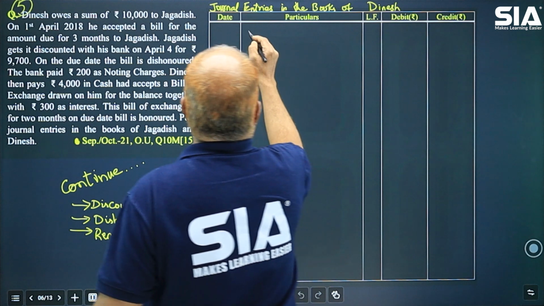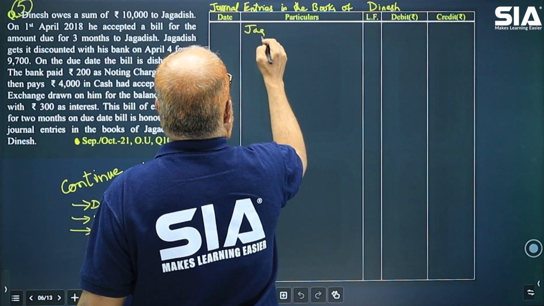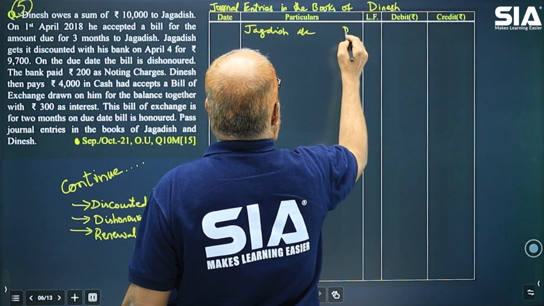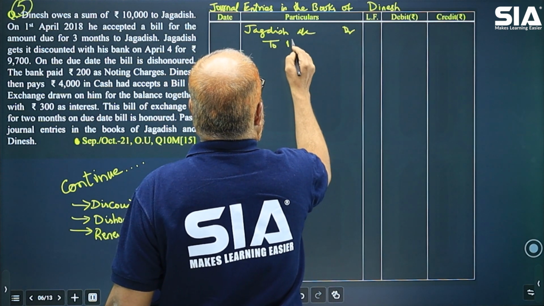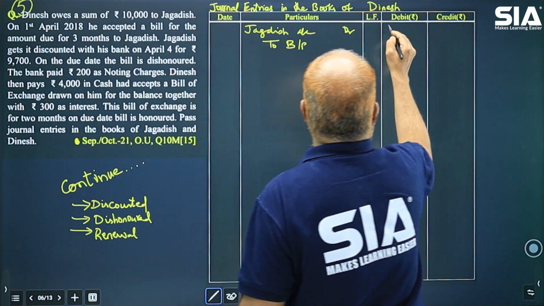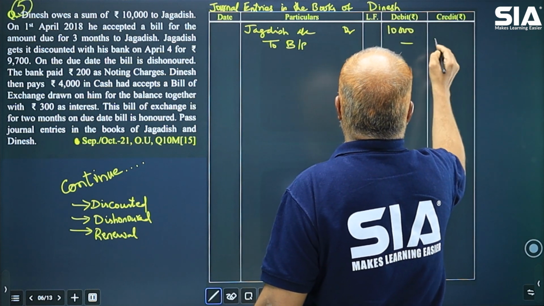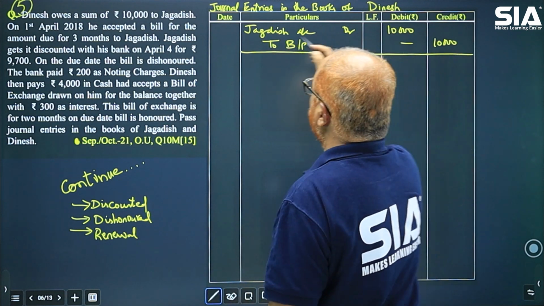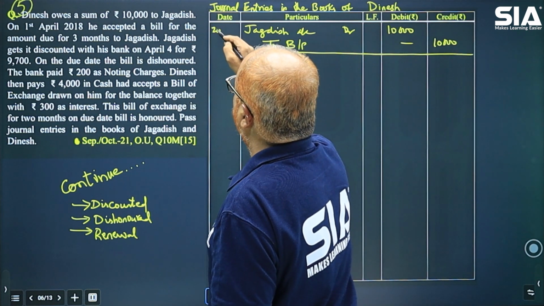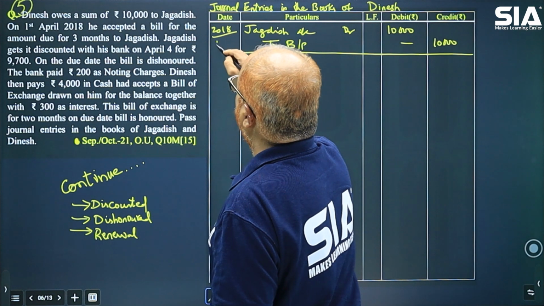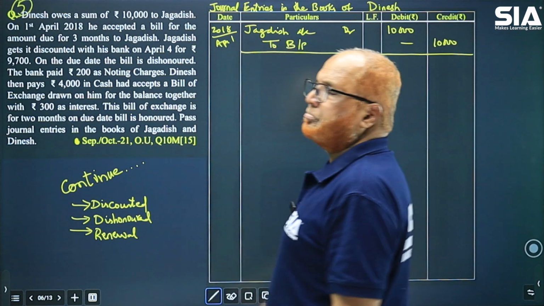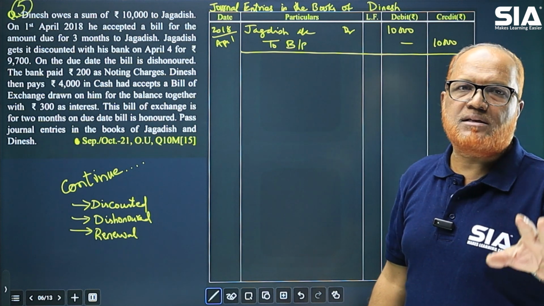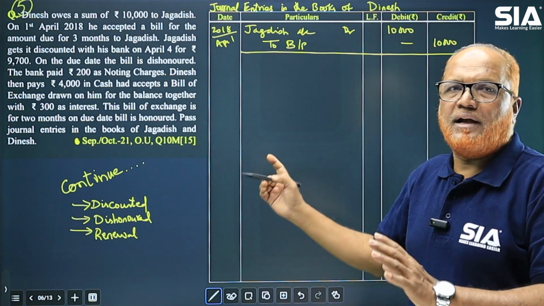So the entry will be Jagdish account debtor to bills payable 10,000. The date is April 1st, 2018. Narration: being the bill drawn by Jagdish, accepted.